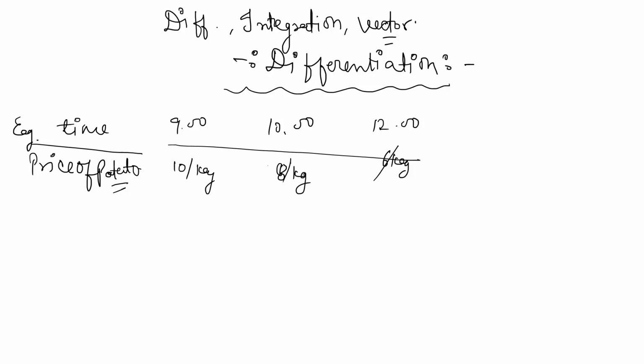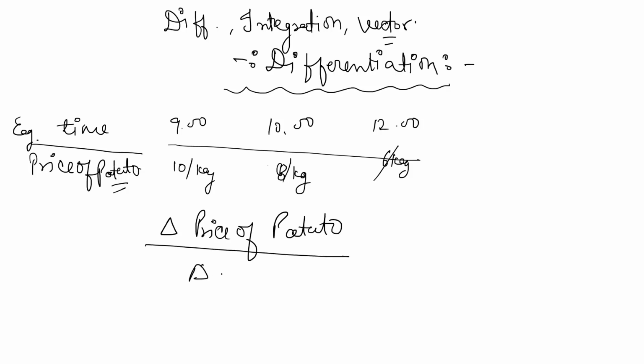Like you can say our interest is to find out delta price of potato upon delta time. You can say this is the basis of differentiation: final price minus initial price, and time t final minus t initial.